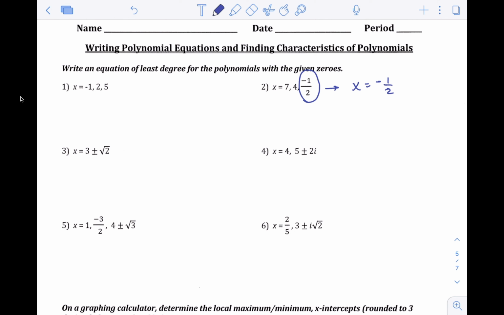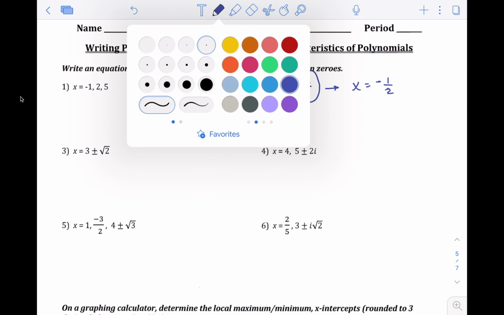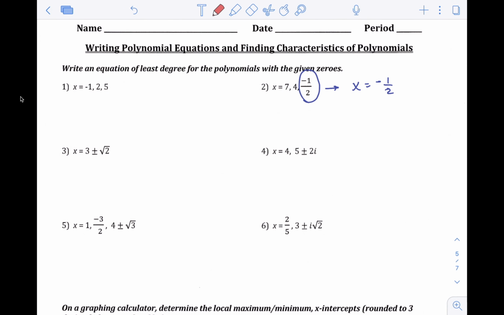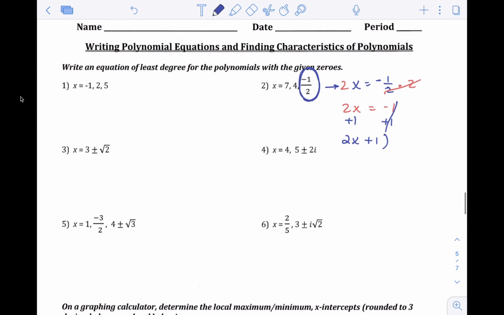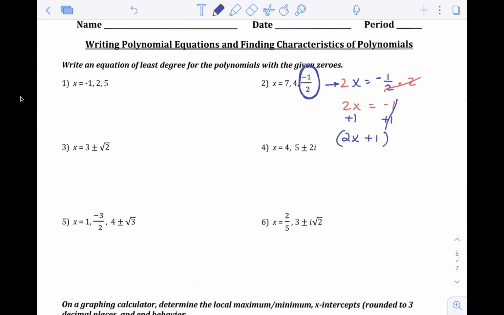It did not come from x plus 1/2. Think about what you would have done to get there in the first place. You'd have had to move over the 1 and divide by 2. So to undo it, you'd have to multiply by 2 first. So 2x equals negative 1. And then you'd have to move the 1 back over. So the factor that x equals negative 1/2 came from is actually 2x plus 1.